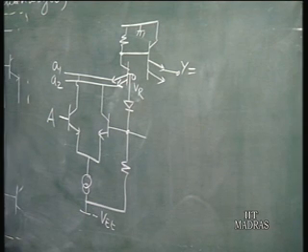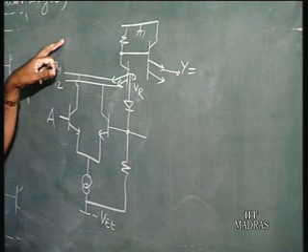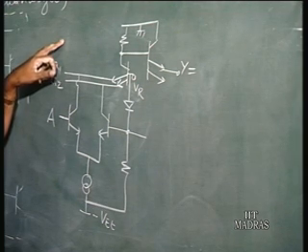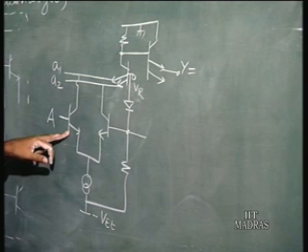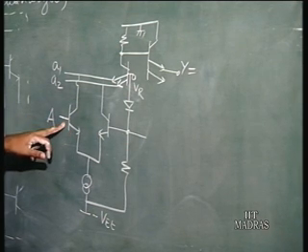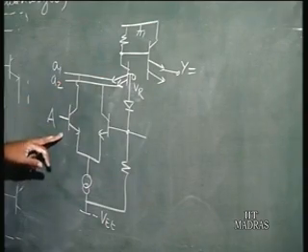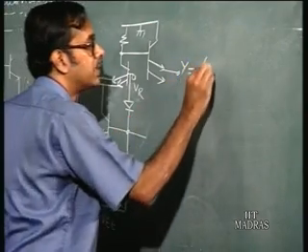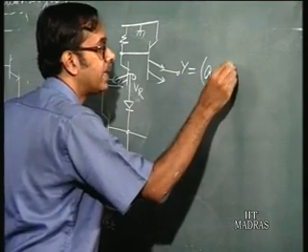When either A1 is high, or if A1 is low, the current has to flow through this, but if this transistor is off, then also there cannot be a current flowing in this emitter. So when A1 is high or when A is low.